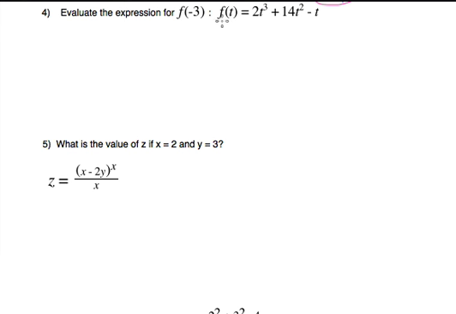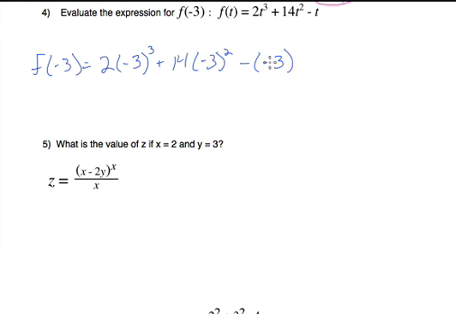So we know that f of t equals 2t cubed plus 14t squared minus t, and f of negative 3 equals 2 times negative 3 cubed plus 14 times negative 3 squared, and then we subtract negative 3.